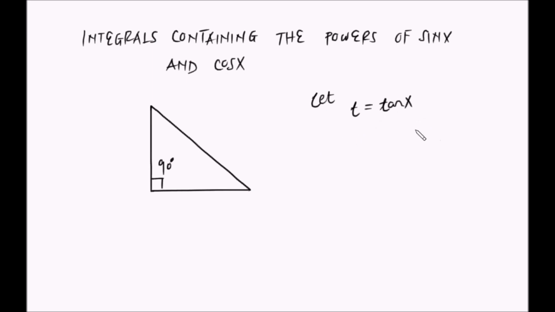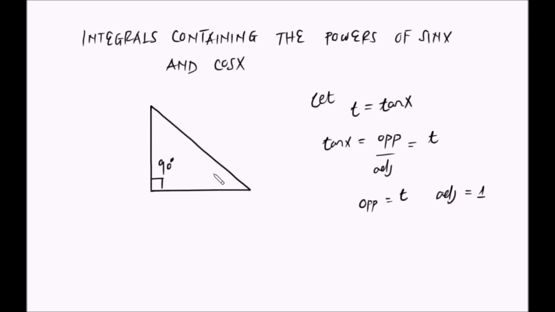Baada ya hapo una float hadi jibu unapata. So if t is equal to tan x, so we know that tan x ni sawa na opposite of adjacent. So kama tan x ni t, it means opposite ni t, alafu adjacent ni 1.